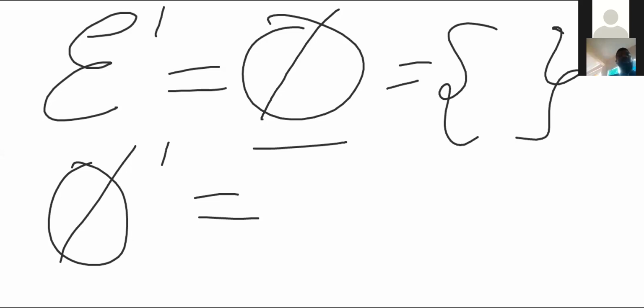I am saying cardinality and confusing it with complement, but I'm sure you understand what I mean. When you see the prime or the C, it's complement. So if you get this information, then you're good to go.